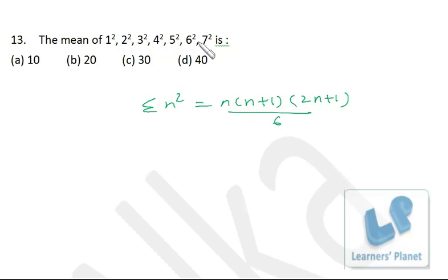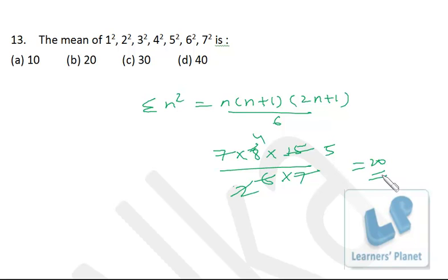So here n is equal to 7 because there are 7 numbers 1, 2, 3, 4, 5, 6, 7. So that is 7 into 8, 7 2s are 14 plus 1, 15 by 6. That is the sum of all these numbers. Now there are 7 numbers. If I divide it by 7, I'll be getting the average. So that's 20. As simple as that.